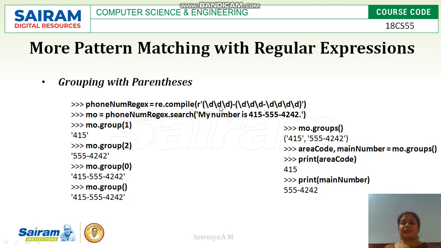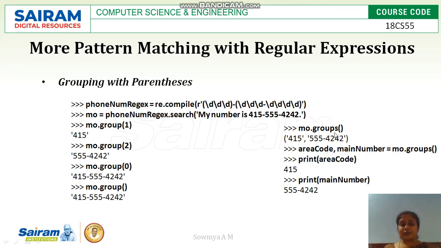Here we can consider the first 3 digits as the area code and the last 7 digits as the main phone number. So we can group it as the first 3 digits in parentheses, hyphen, next 3 digits, hyphen, 4 digits as one more group. If I call group 1, the first group is printed and group 2 will print the next group. group 0 or without parameters will print the whole value.